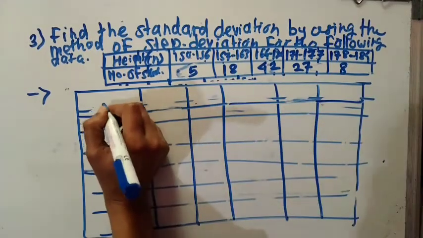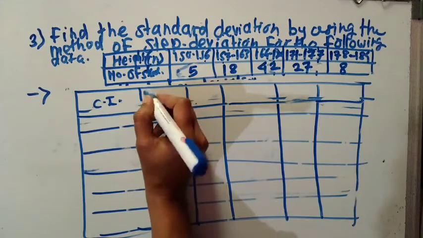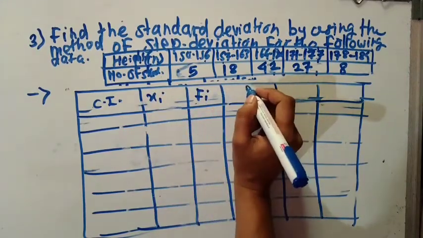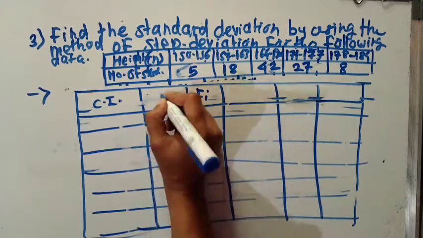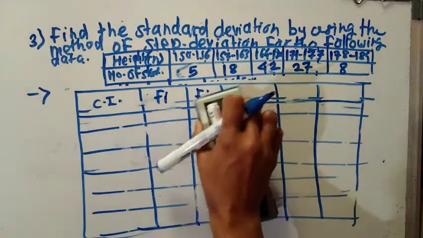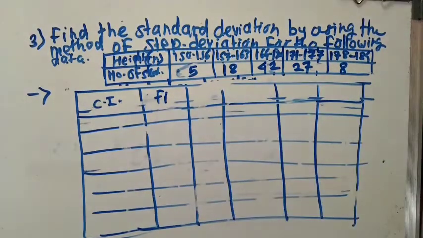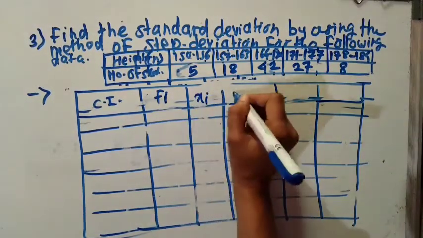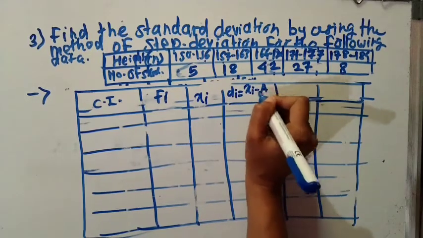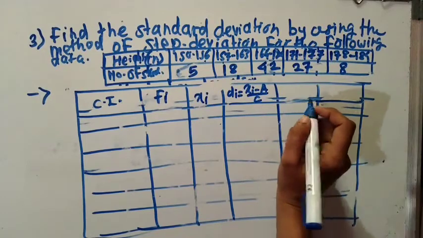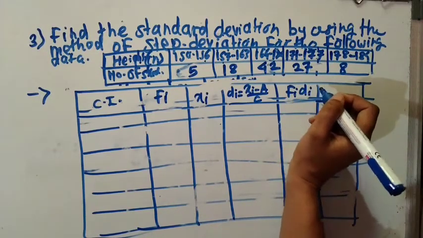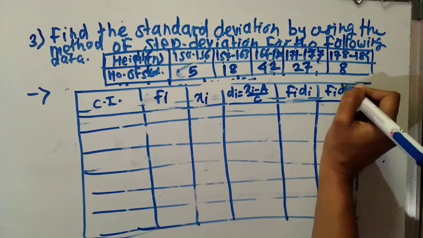Then find out xi, then find out di by the step deviation method, xi minus A upon C, then fi into di and fi into di square.